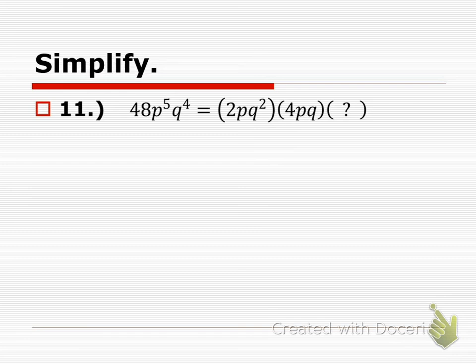Number 11. We're trying to figure out what else we would have had to multiply by if 48 p to the 5th q to the 4th is our product. So it might help to multiply what you already have together. 2 times 4 would be what? 8. What else would we have to multiply 8 by to get a 48?